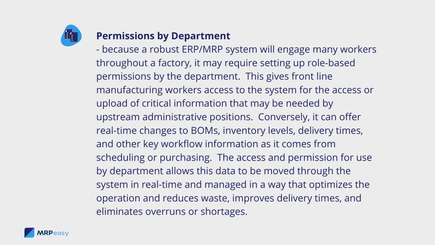Conversely, it can offer real-time changes to BOMs, inventory levels, delivery times, and other key workflow information as it comes from scheduling or purchasing. The access and permission for use by department allows this data to be moved through the system in real time and managed in a way that optimizes the operation and reduces waste, improves delivery times, and eliminates overruns or shortages.